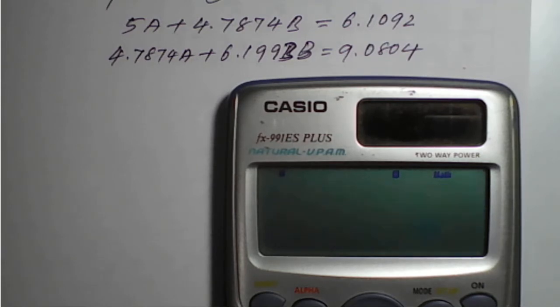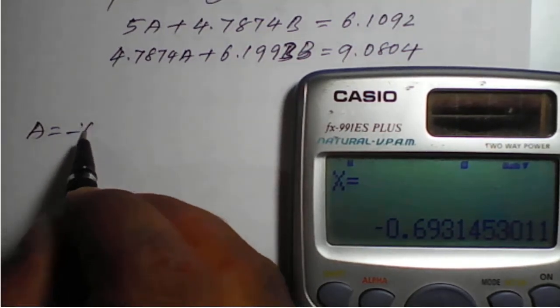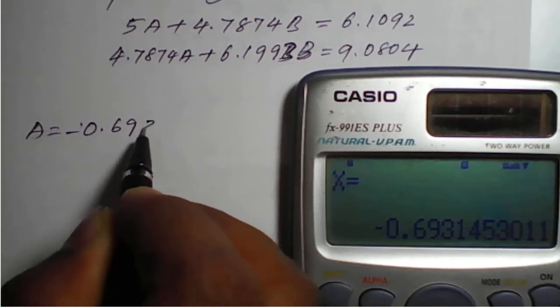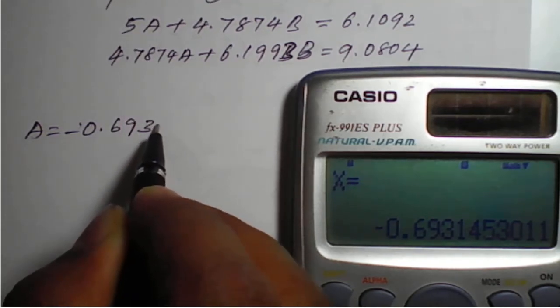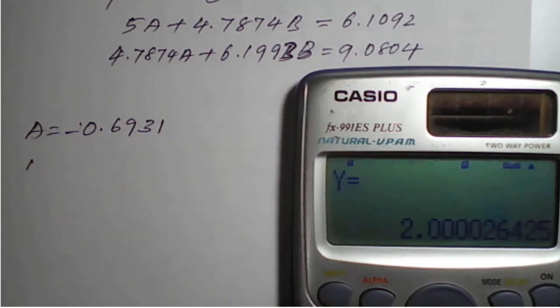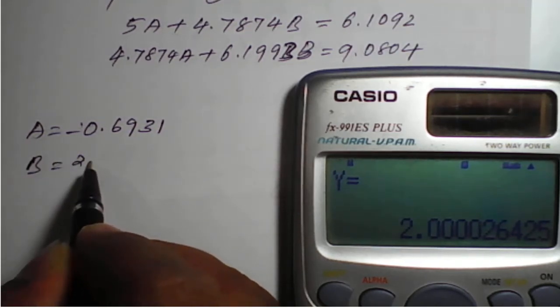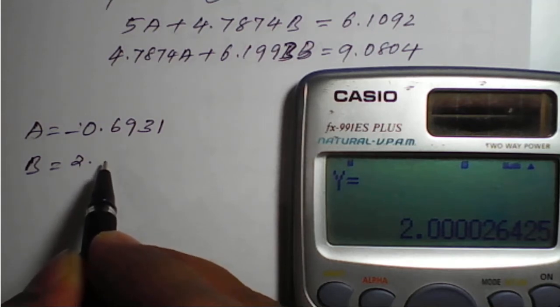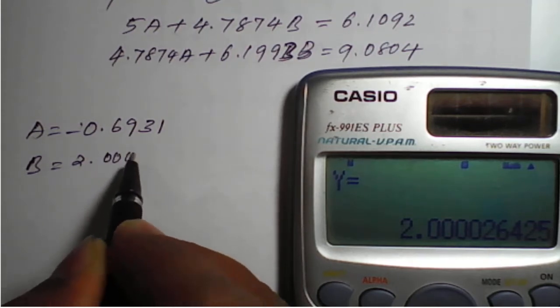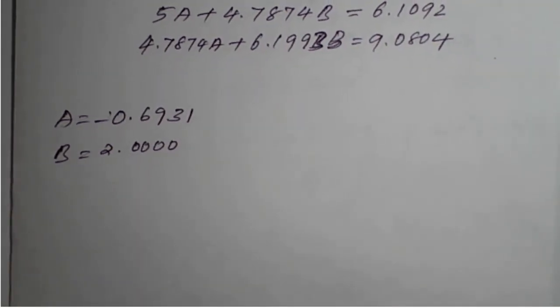If you press the equal sign, the value of capital A will be minus 0.693. Pressing equal one more time, the value of capital B will be 2.0000.